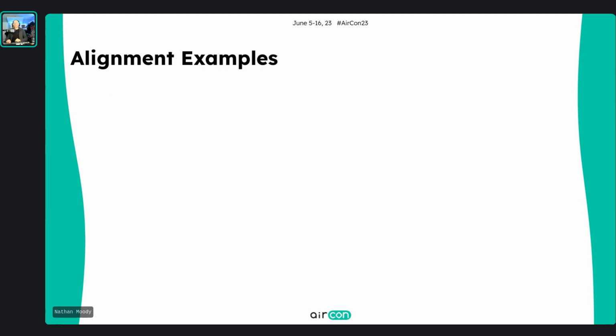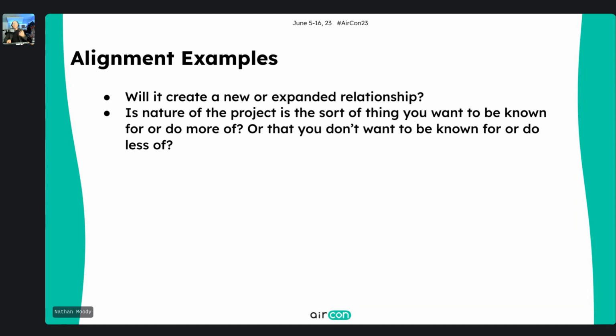So let's look at some examples of how we can quantify some of these alignment aspects. Will the project create a new or expanded relationship? Is this a project that has some aspect that you want to be known for doing work like this and you want to do more work like this?